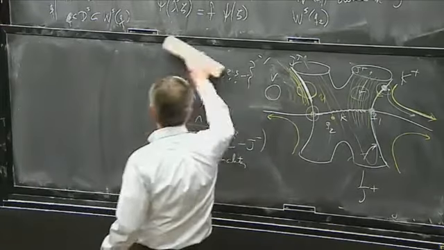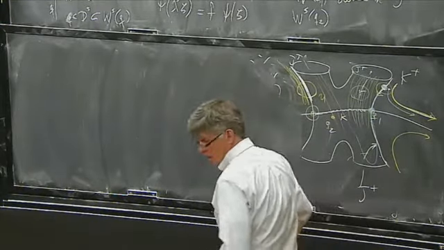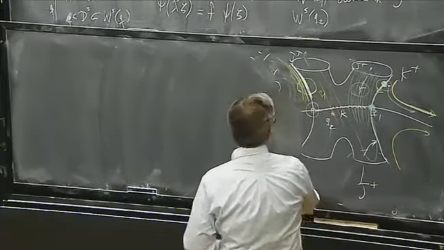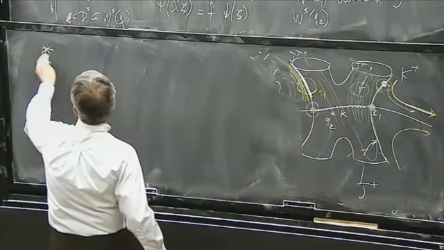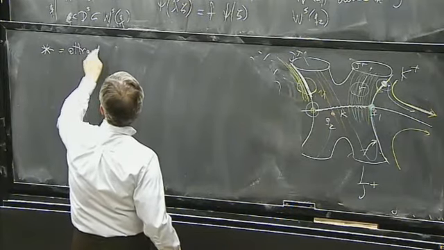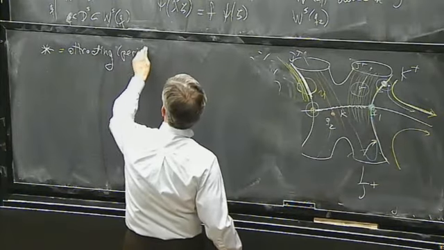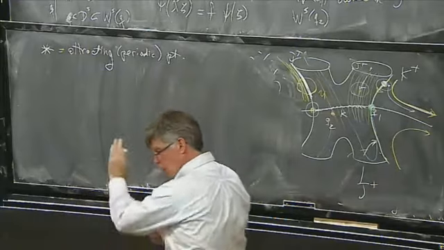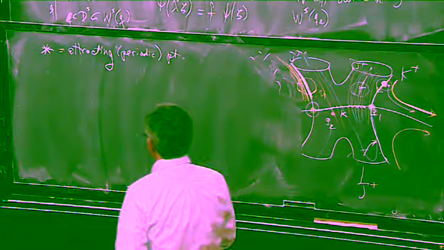We could also take, whoops, I didn't want to erase that. Okay, so we could also suppose this is an attracting periodic point. But I can pass to f to the n. If I want to study one particular periodic point, I can pass to f to the n and assume it's fixed.